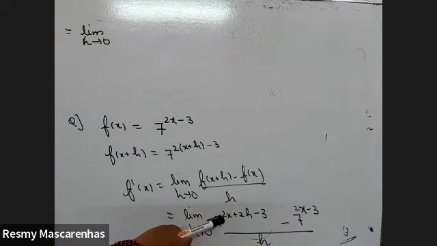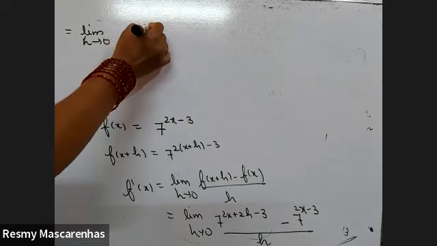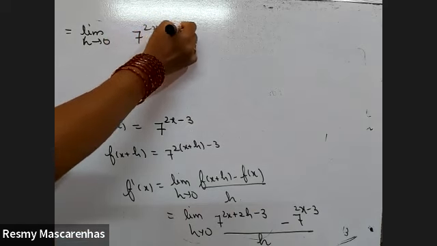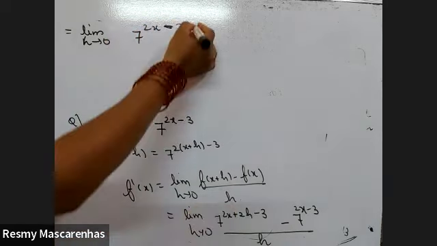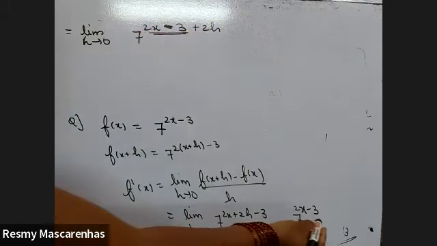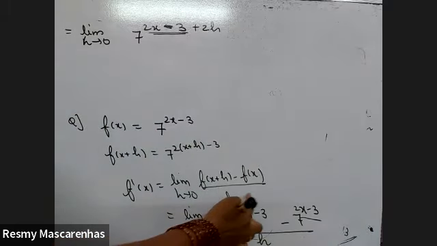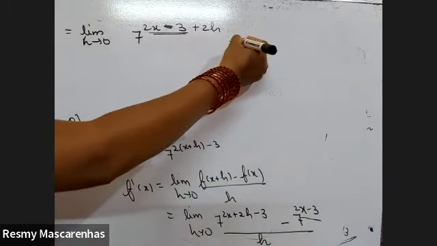Now what you do, arrange these terms like this only. So I'll write 2x minus 3 together, and 2h I'll write behind. I have to arrange this the same as this one. So minus 3 I'm bringing this side, 2h I'm writing on the other side.